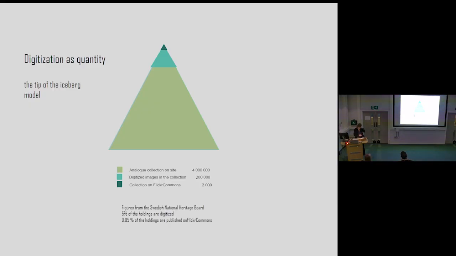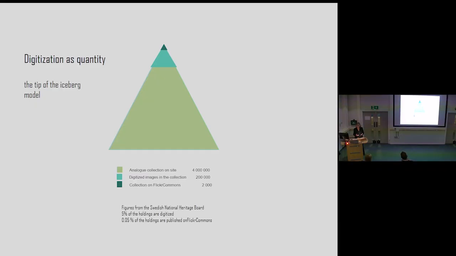And what you see here is an image of the statistics from the Swedish Heritage Board, who has a collection of around 4 million photographs, where 5% of the holdings are digitized and 0.5% was published on Flickr Commons when we did this study in 2023.